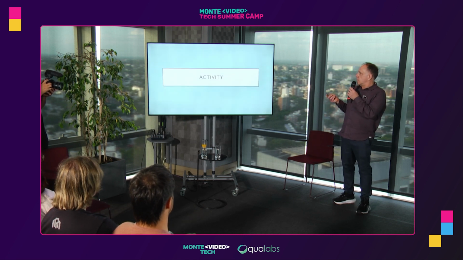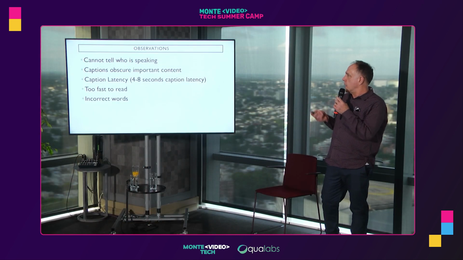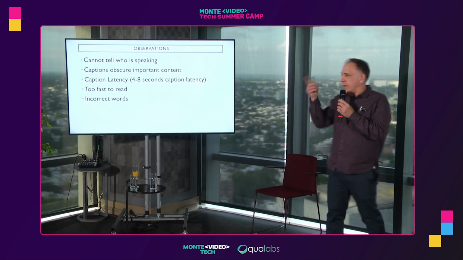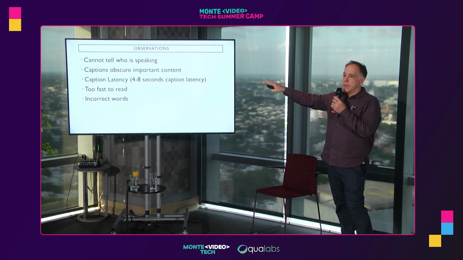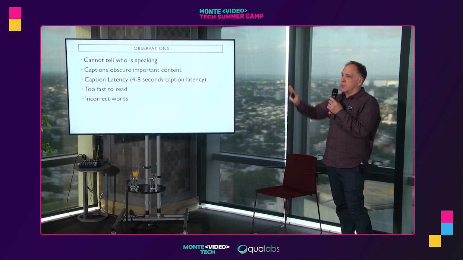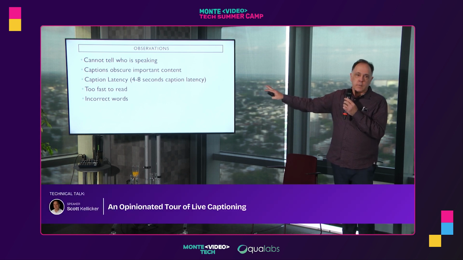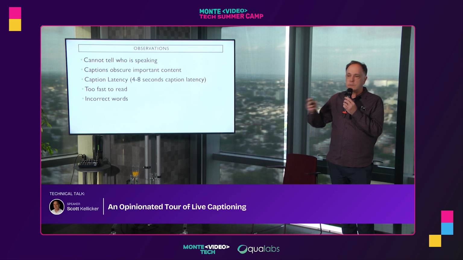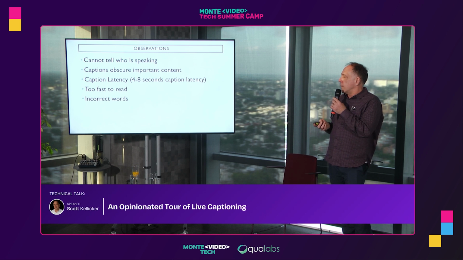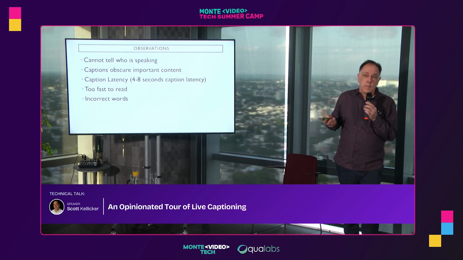So I bet you noticed quite a few things in there. If we had more time, I would actually ask for contributions. But some of the things I noticed were you cannot tell who's speaking. The captions obscure important content. There's caption latency, which you can't tell because you couldn't hear the audio, but it's typically 4 to 8 seconds. That's pretty normal, and that is okay. I found it too fast to read.